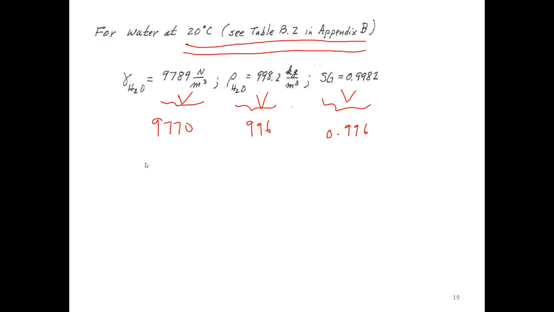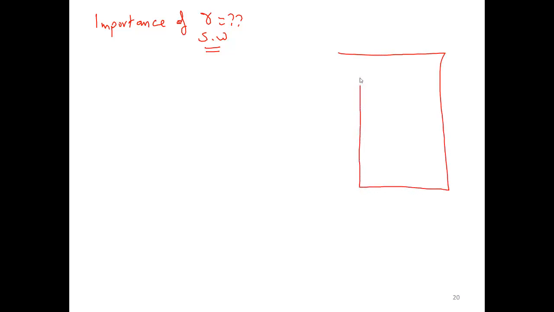Okay, and with that we come, since I have a little bit more time, I need 2 more minutes to discuss this thing. What's the importance of the specific weight gamma? I didn't focus on this a lot last time. So now we can actually have tables, and we will see that throughout the course.